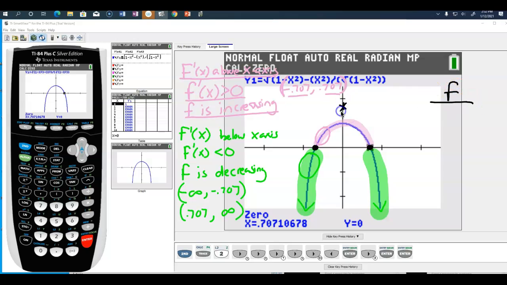Remember, this is a graph of f prime, but I'm going to make another graph over here of f. I know that at this point right here, the slope goes from negative to positive, down to up, which means that this point right here must be a relative minimum value on the graph of f.